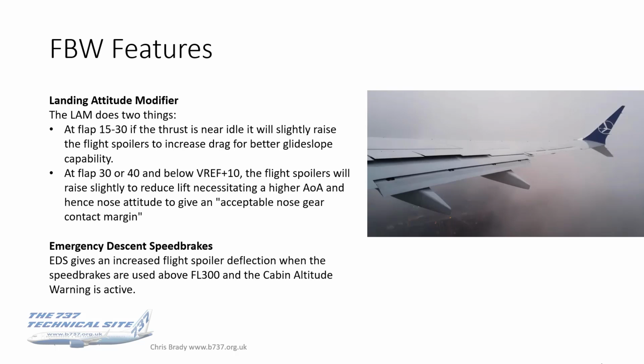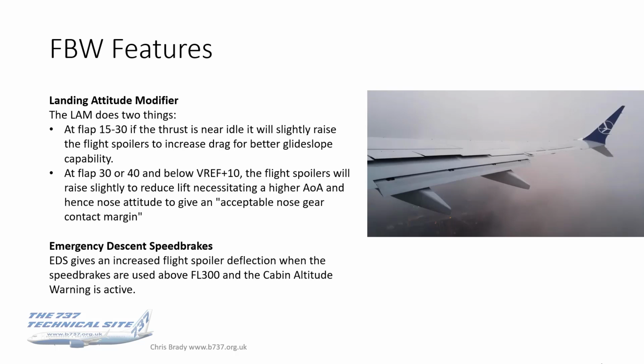Then flap 30 or 40, and when below VREF plus 10, the flight spoilers will raise slightly to reduce the lift, and that means that you will need a higher angle of attack and hence a higher nose attitude to give an acceptable nose gear contact margin.